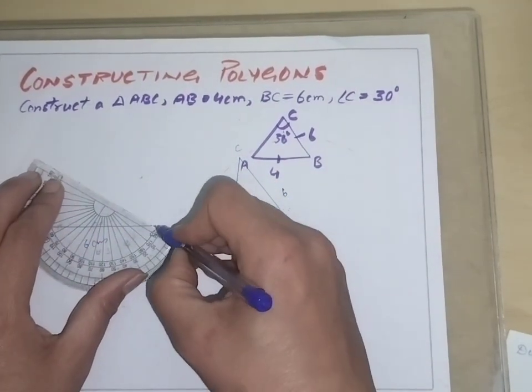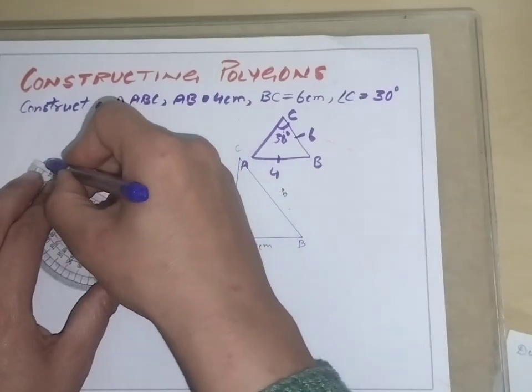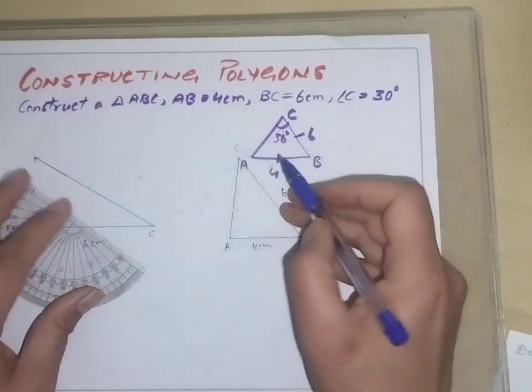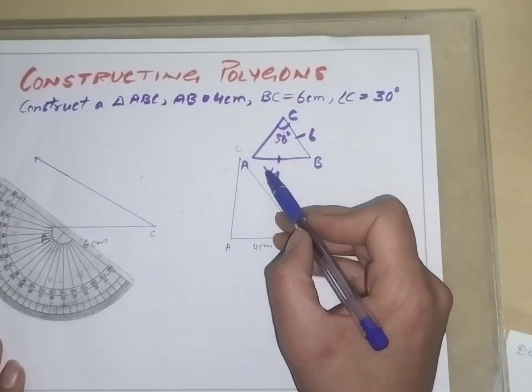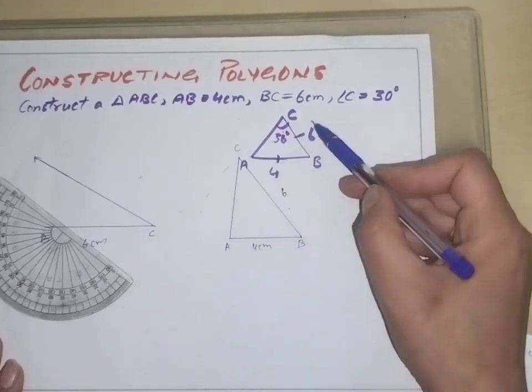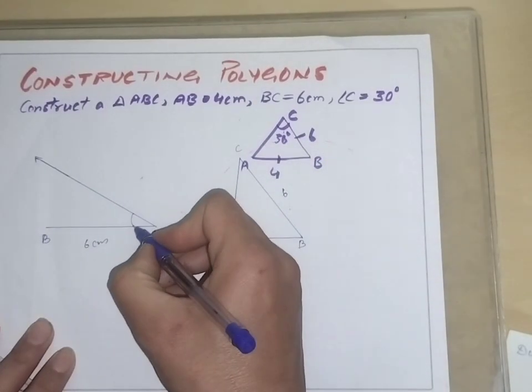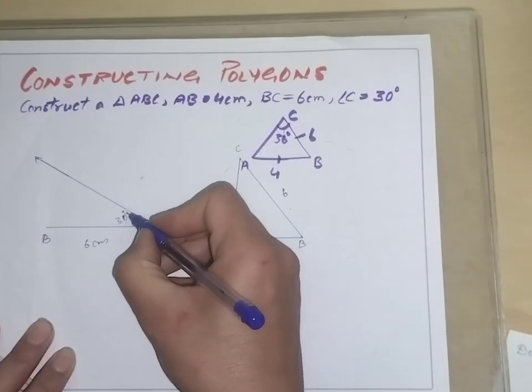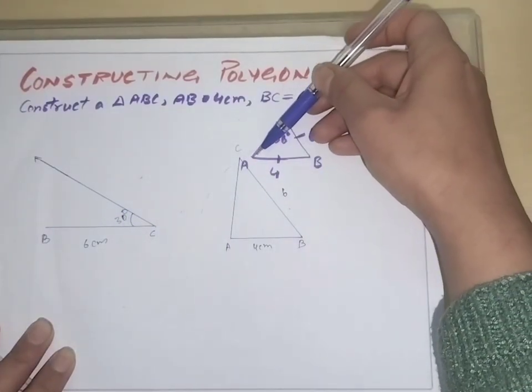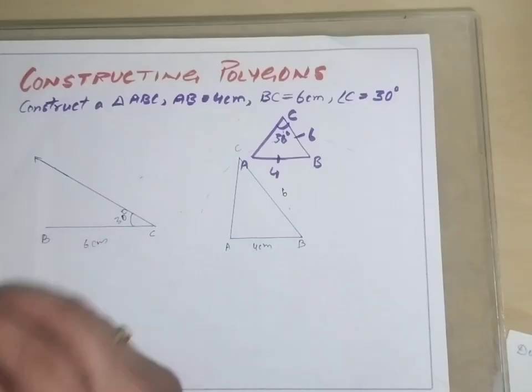Let's join it now. Angle always gives you the direction. As we drew BC and then drew 30 degree here, it's telling us that A is in the direction of 30 degree, but where it is, we don't know.